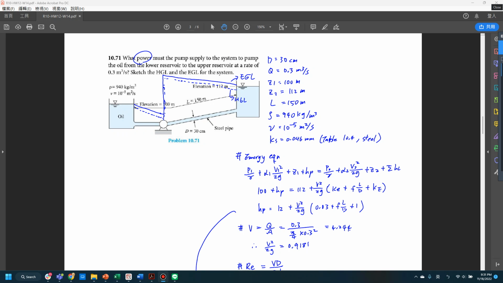Point 1 is on the lower reservoir and point 2 is on the upper reservoir, and both of them are open to the atmosphere, so you can simply cancel this pressure term.